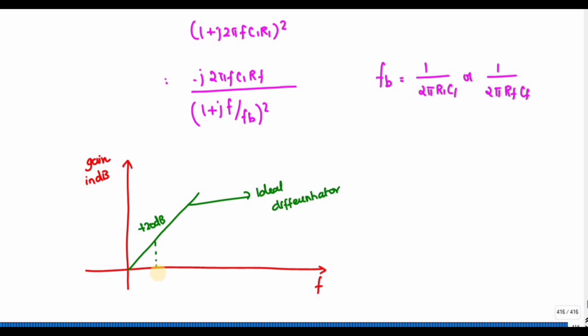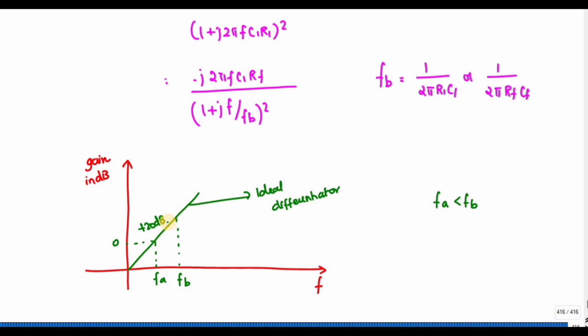Okay, and this is nothing but your FA, right? And now this FP is somewhere here. Okay, so the FP is somewhere here. So I can write FA is less than FP. Okay, so I have to design it like that. Till this F which is less than FP, the gain gets increased at the rate of plus 20 dB.